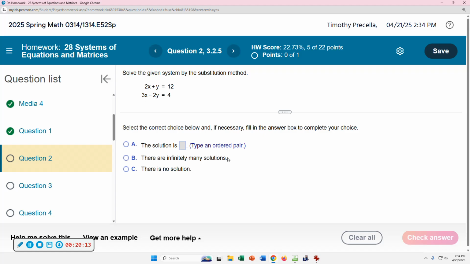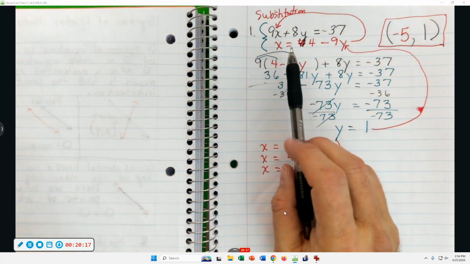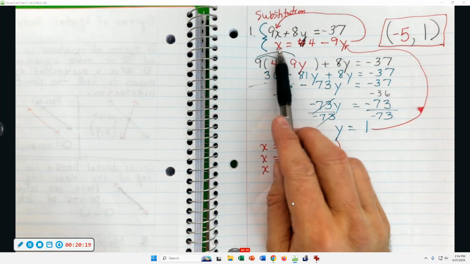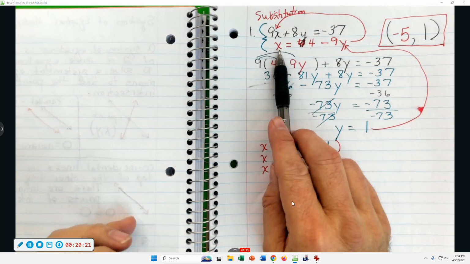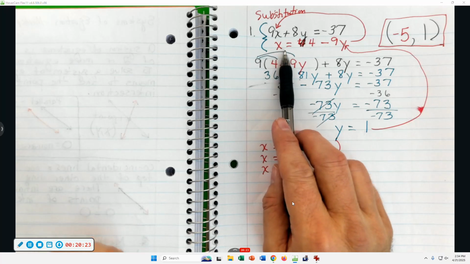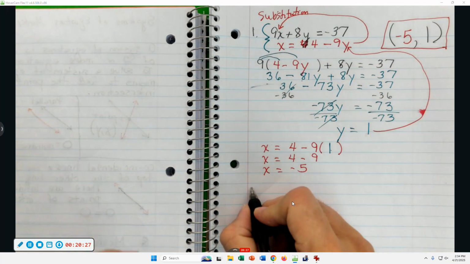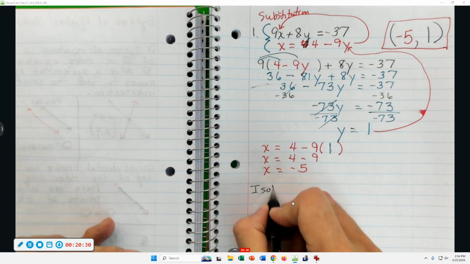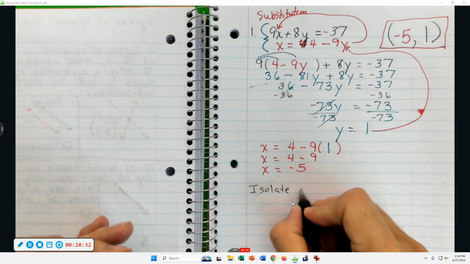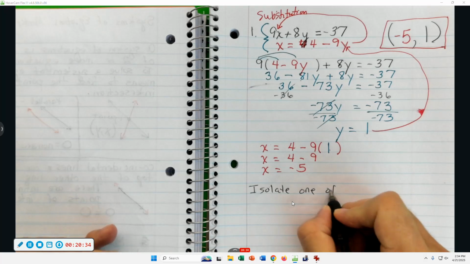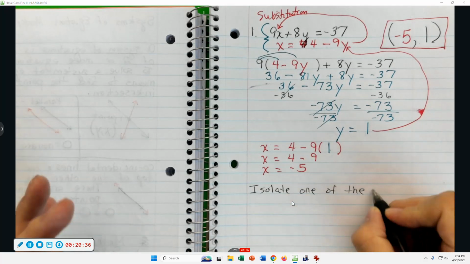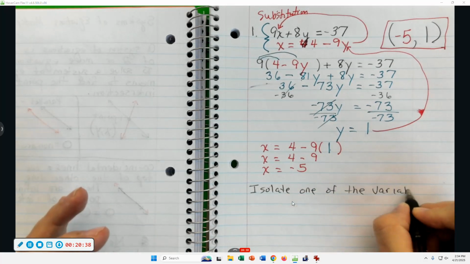So let's try to summarize what we do. With substitution, you've got to have one of the variables solved, one of the variables isolated. Then you plug that into the other equation. So here's what we do. Isolate one of the variables, hopefully, or like on number 1, that was already done for you.